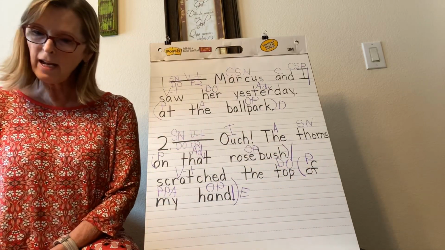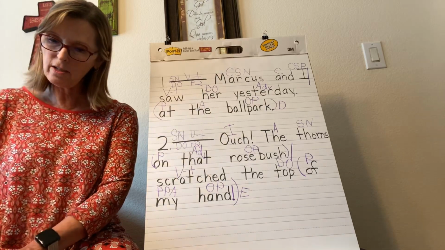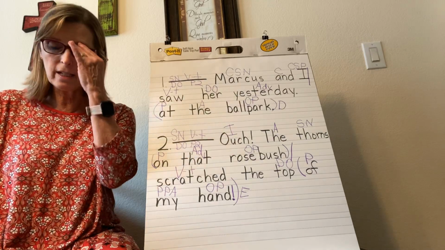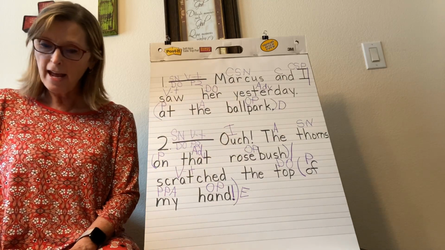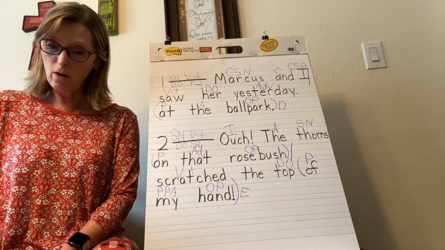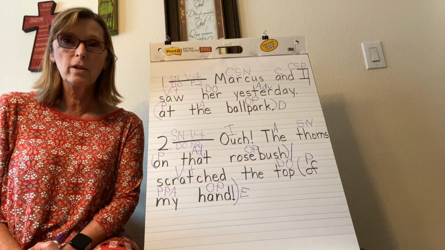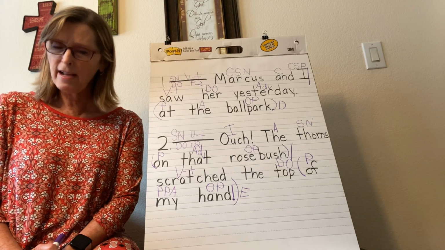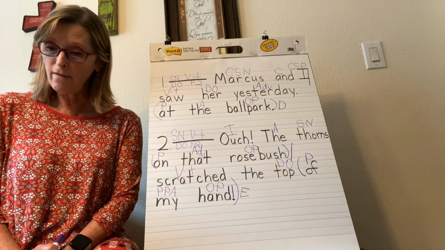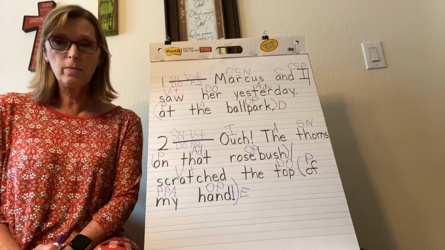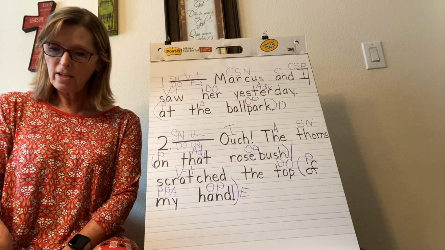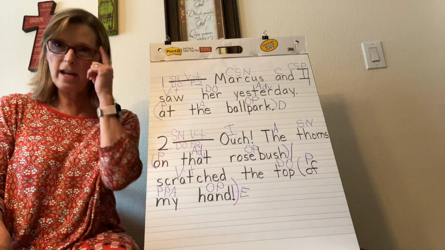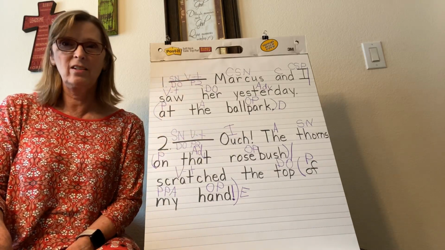So let's go back and look at a couple of things that you've been talking about in your lesson, okay? Looking at our verbs, I want you to remember a past tense verb is a verb that typically ends with an ed, and a future tense will usually have a helping verb plus the verb itself. For example, if the present tense verb is save, what would be the past tense of save?